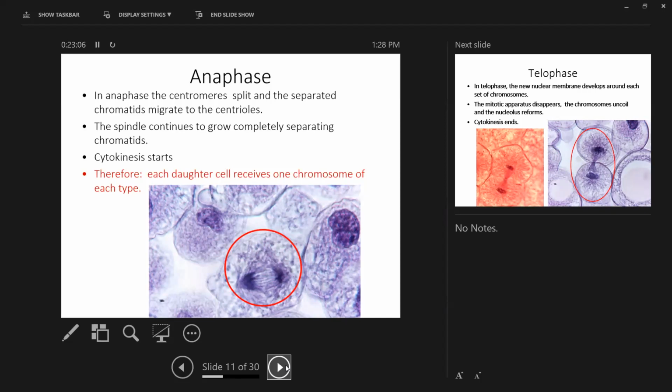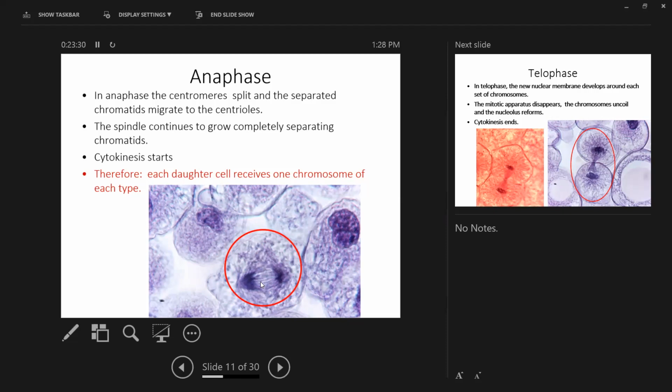The centromeres that hold the sister chromatids together separate. The spindle fibers are pulling the chromosomes apart. The cytoplasm is being pushed and shoved. The spindles keep pushing and pushing. And we end up with one pair of chromosomes on one side, one pair on the other side, so that we end up with 23 pairs on each side.